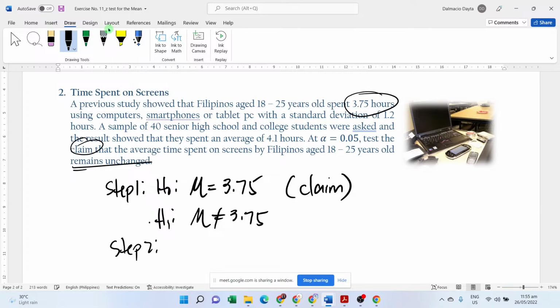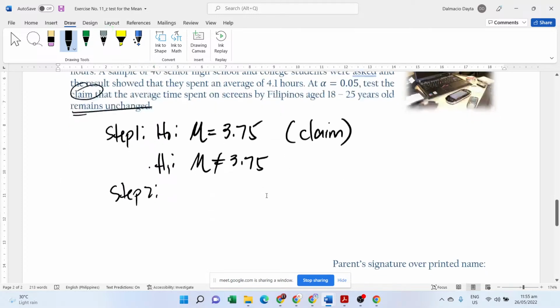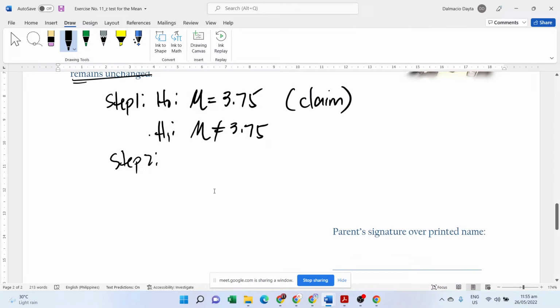Again, step 2 is identifying the Z critical value. Okay? And what do we need in identifying the critical value? At alpha equal to 0.05 pa rin. And then, that's why the hypothesis is important.